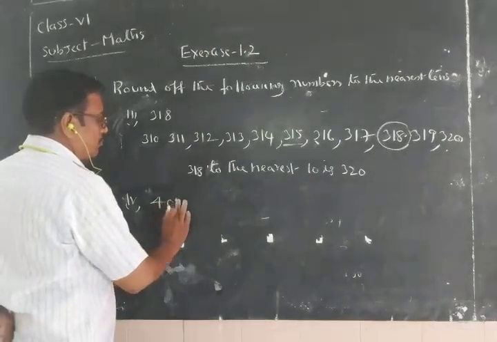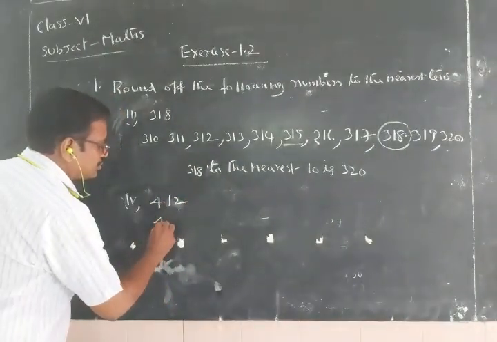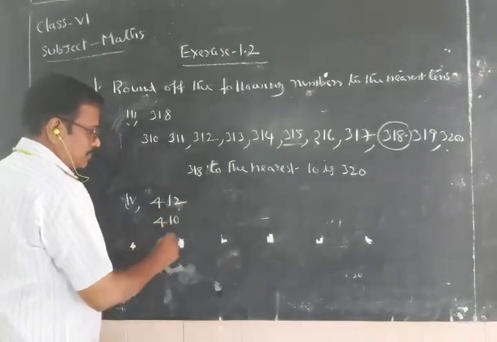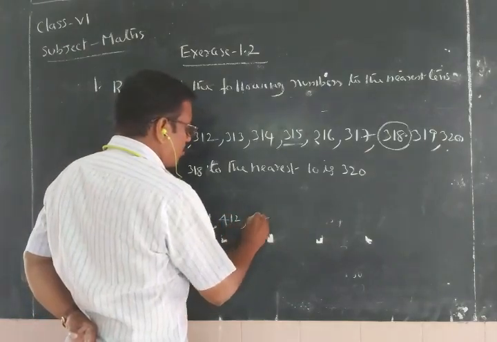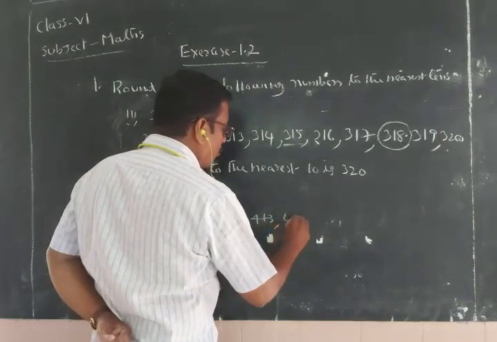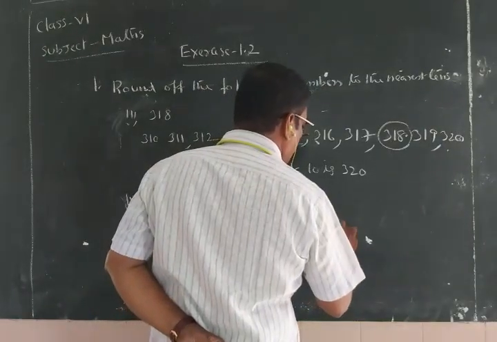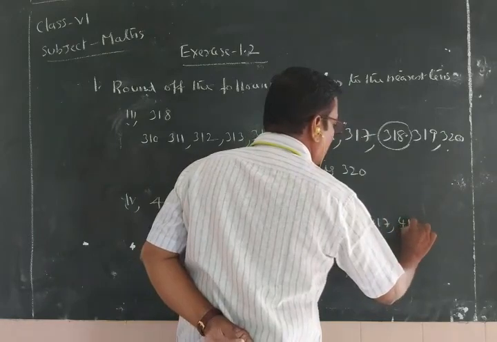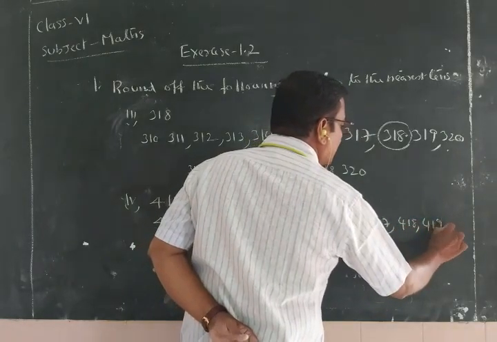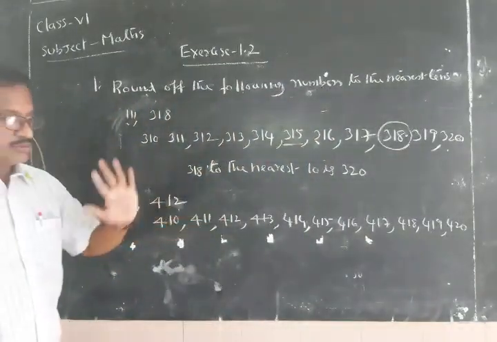Next one: 412. Okay, 412 means what is the number? Next numbers again: 410, 411, 412, 413, 414, 415, 416, 417, 418, 419, 420. These are all numbers I write on the board.